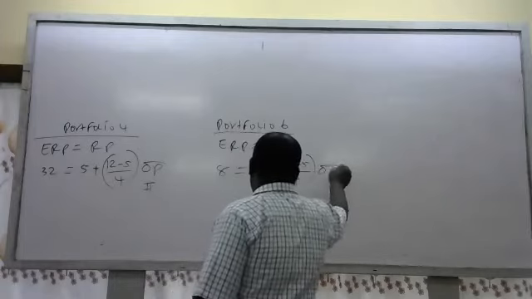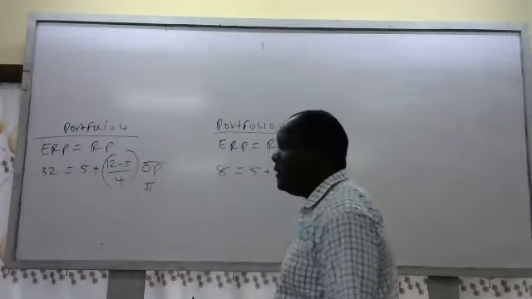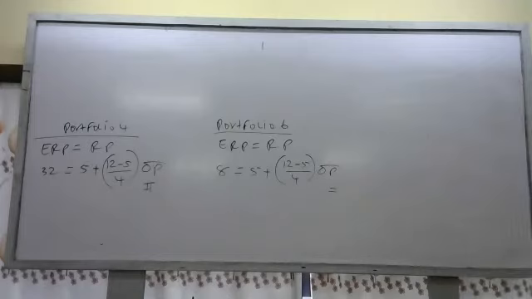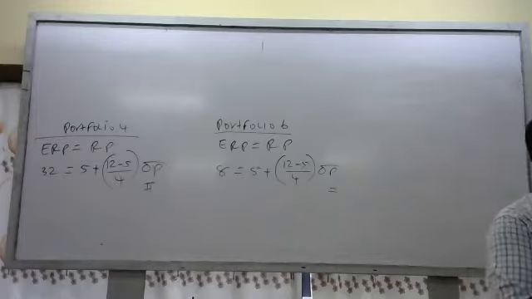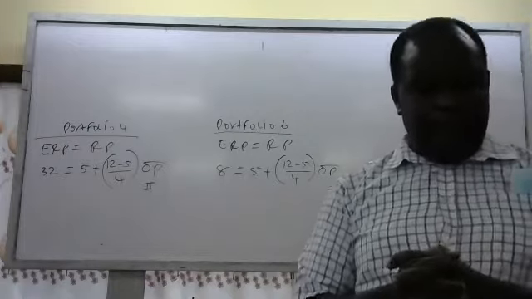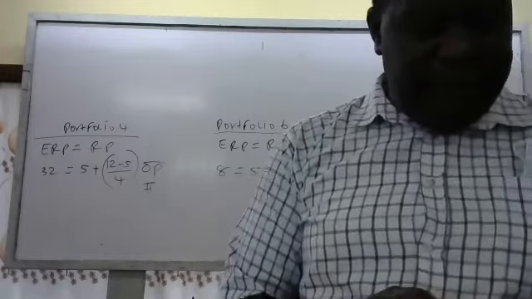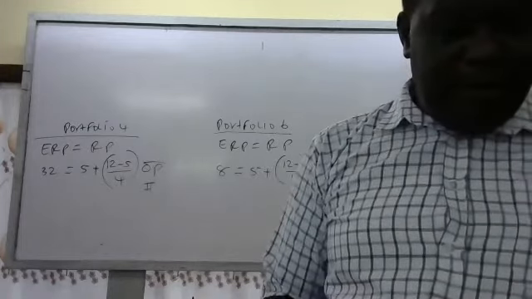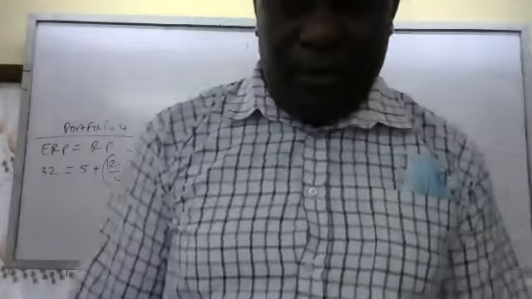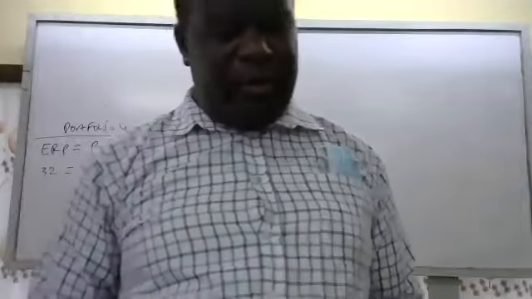So you also make that value the subject. So the one for portfolio 4, you are getting 15 points. Then now the last one should be 1.71, like that. So that's now in relation to that question.